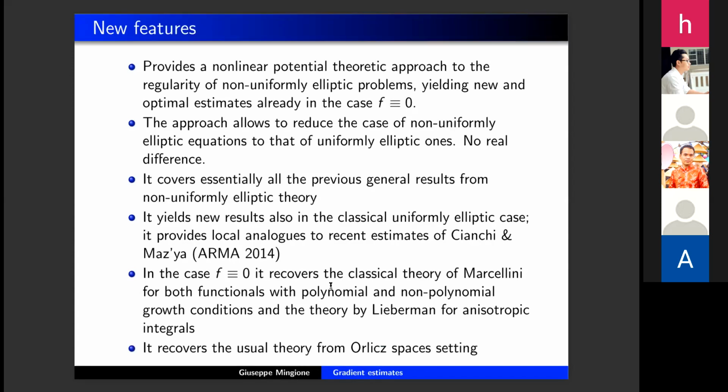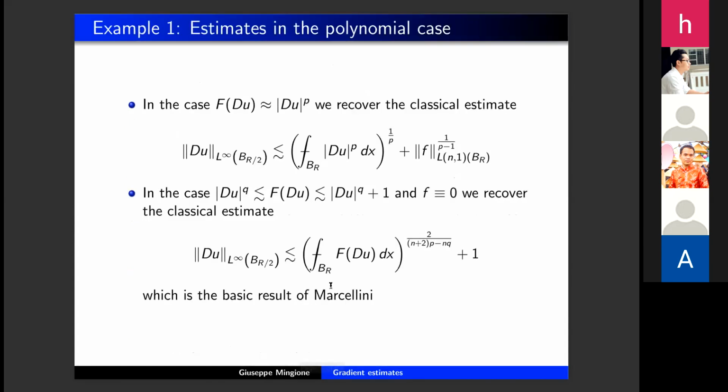And also we cover the Orlicz space setting. So for instance, when you apply this result and this estimate in the classical uniformly elliptic setting of the P Laplacian operator, where f of Du is equal to |Du| to the p, then you get the usual estimate that Tuomo Kuusi and myself were able to prove for the P Laplacian system.